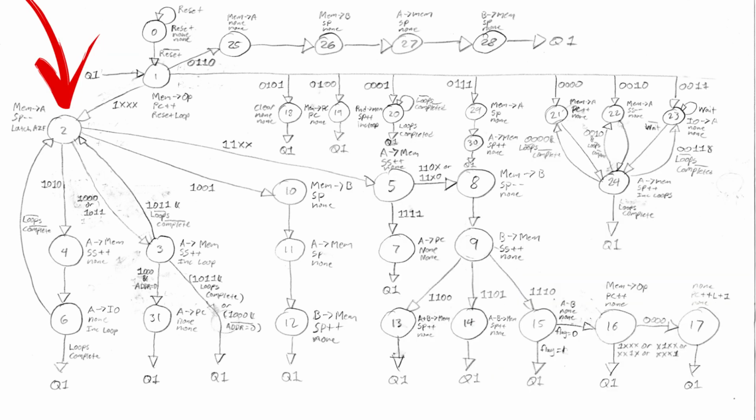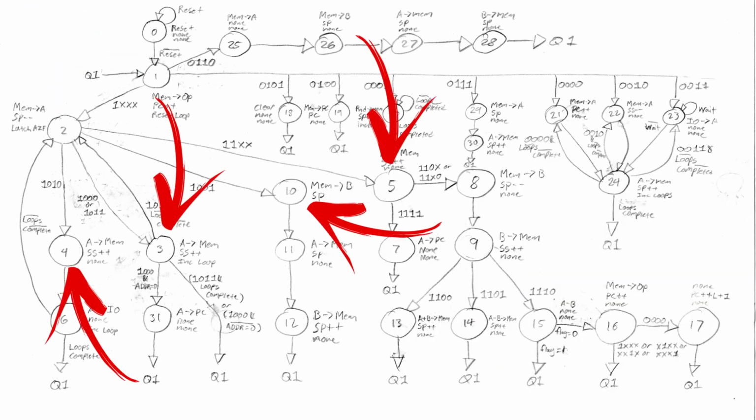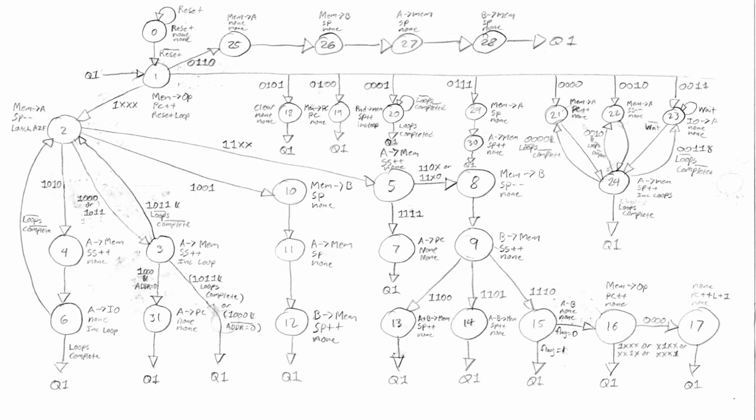And then, of course, from state 2, it has to split off again, but not too many different splits, of course. We're going to be going from 2 to 5 since this is a 1100 instruction, but even then, the transition from 2 to 5 is only looking at these two bits here.